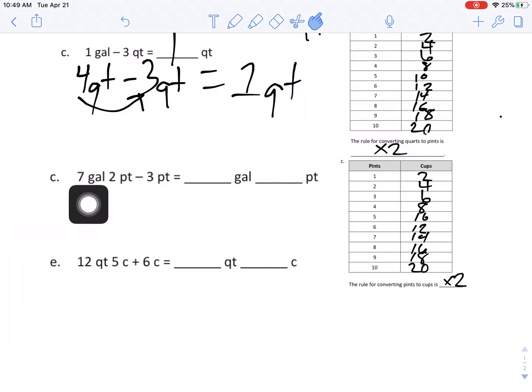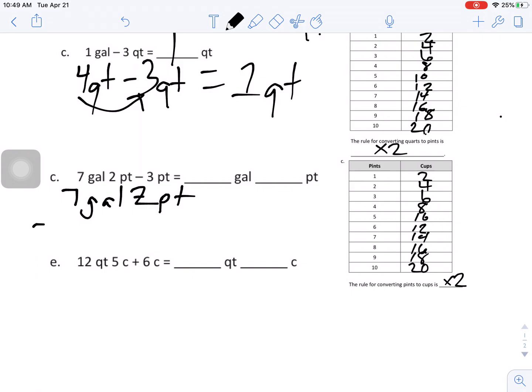Here we have 7 gallons and 2 pints minus 3 pints. I have some mixed units, and my answer still needs gallons and pints. So I have 7 gallons and 2 pints minus 3 pints.